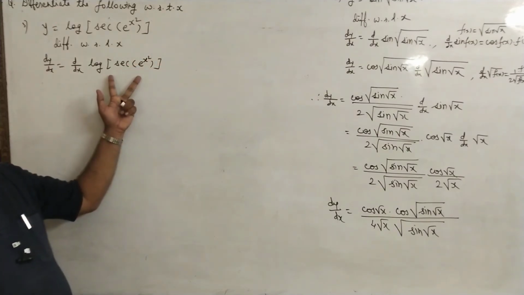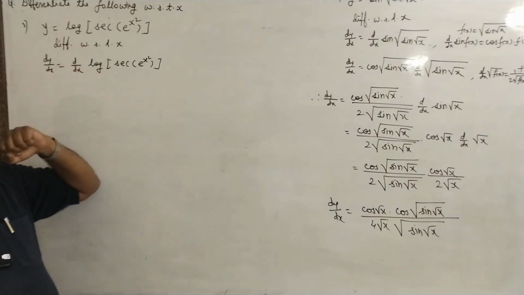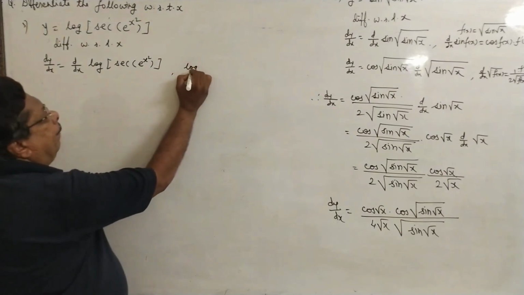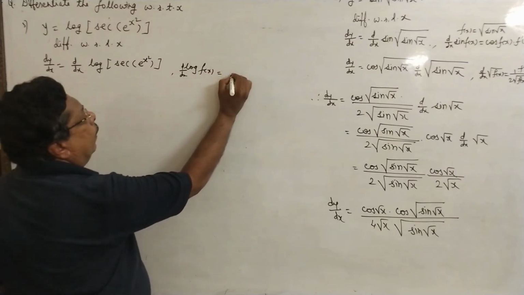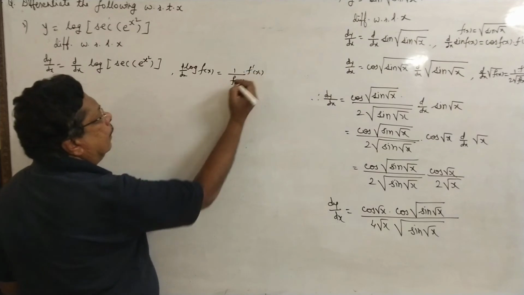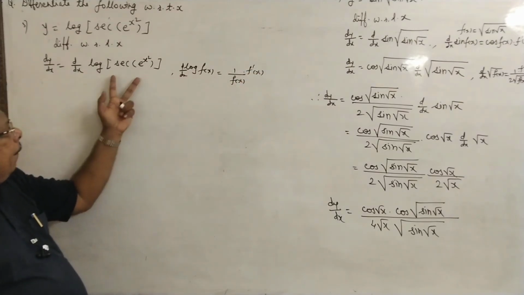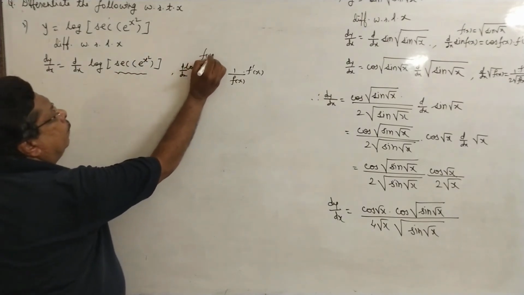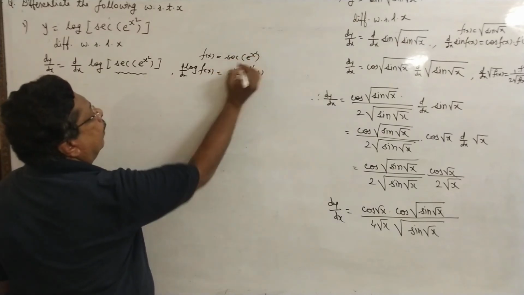Now here we have to take the derivative. We know that the derivative of log x is 1 upon x. In the similar manner, the derivative of log f(x) is equal to 1 upon f(x) into f dash x. f dash x means the derivative of f(x). What is f(x) here? f(x) is equal to sec of e raised to x square.